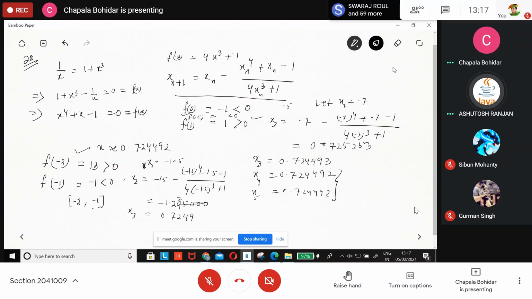So it is -1.227689. It is rounding up, 9 is rounding up. Ma'am, if we round off, 89 will become 90. Yes, you have to round up.